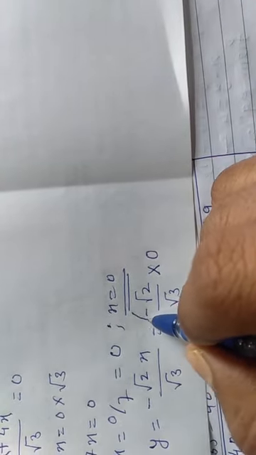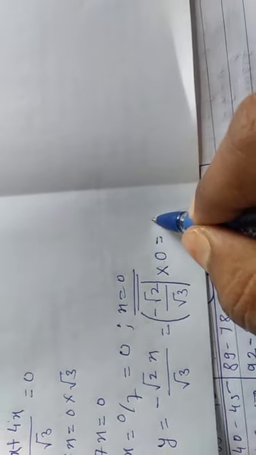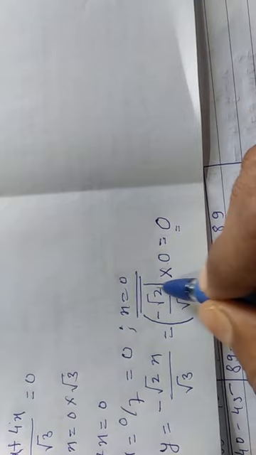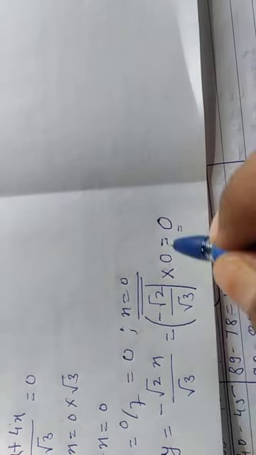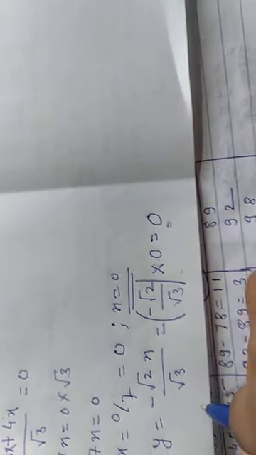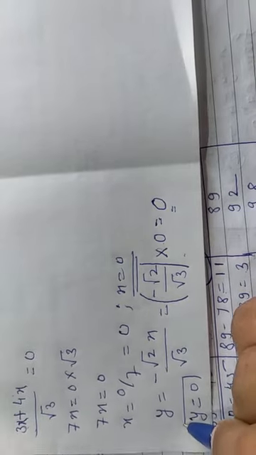Whatever number we multiply with 0, the answer will be 0 only. So here the value of y is also equal to 0. I will write at the last, y is also equal to 0.